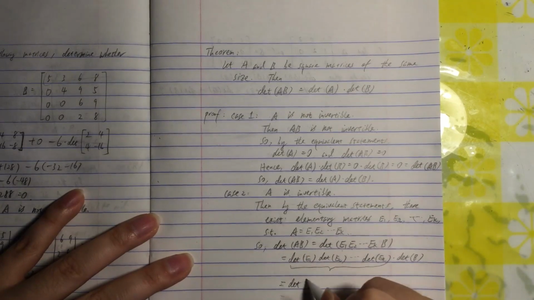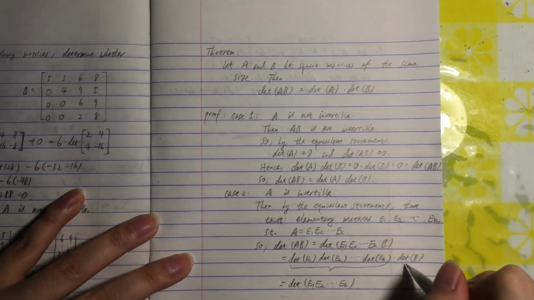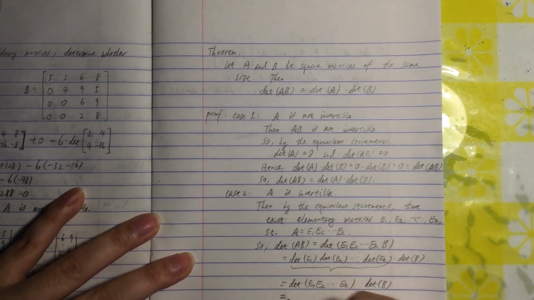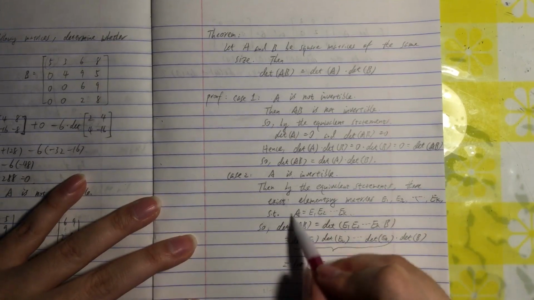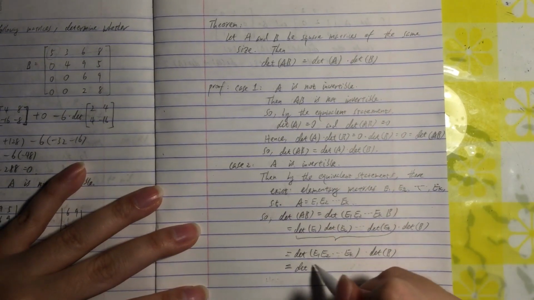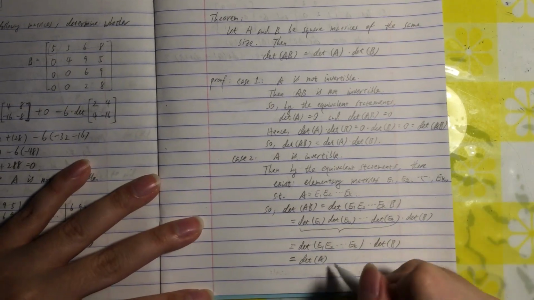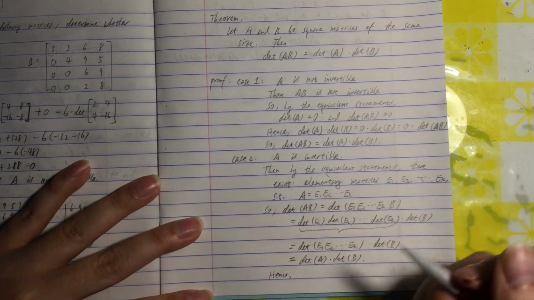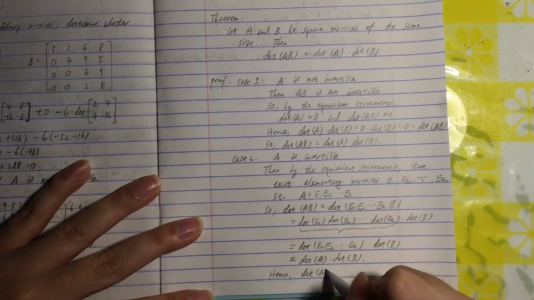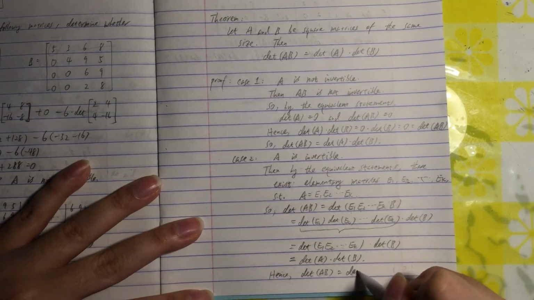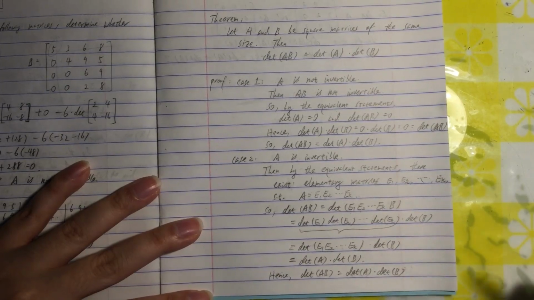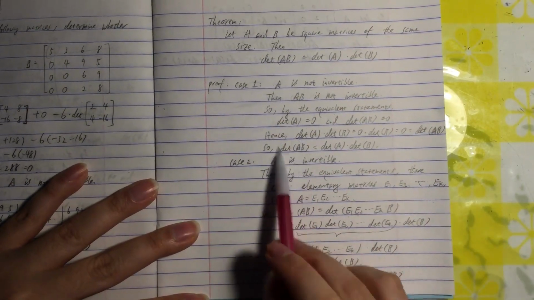Write it as determinant of E1 times E2 times EK times determinant of B. And we know that E1 times E2 times EK, that's matrix A. So I get determinant of A times determinant of B. Hence, I have determinant of AB equal to determinant of A times determinant of B. So in both cases, we get the same conclusion.